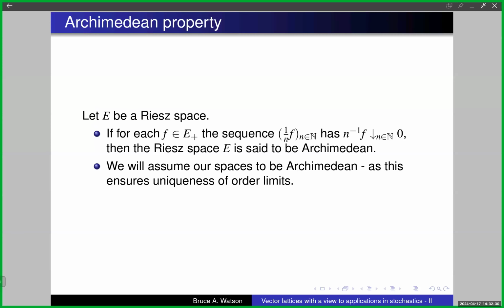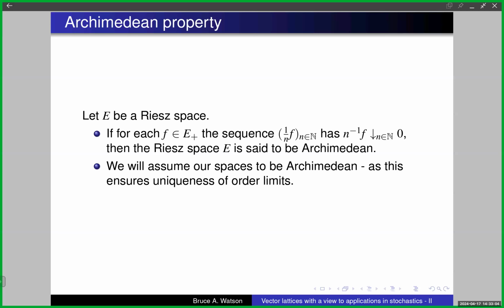What this means is that you cannot sandwich any non-negative element of your space below 1 over n times f for all n, which in turn says that if we're looking at this downward directedness as a limiting type process, it can only have one non-negative answer, and that is 0 for 1 over n times f.